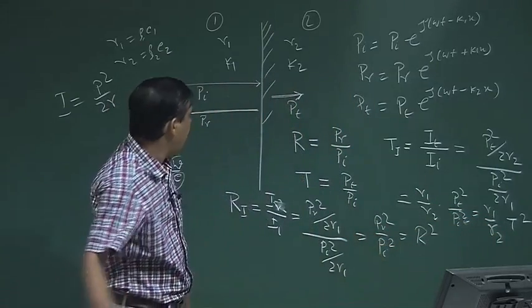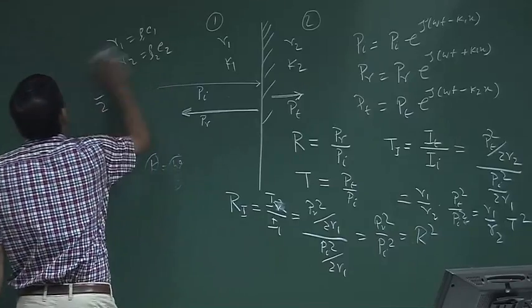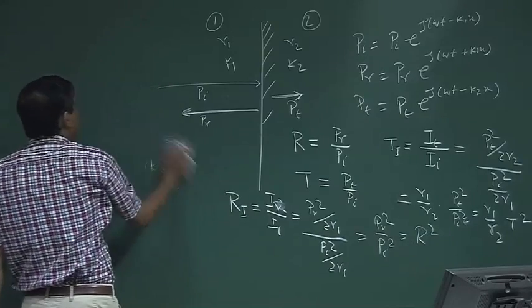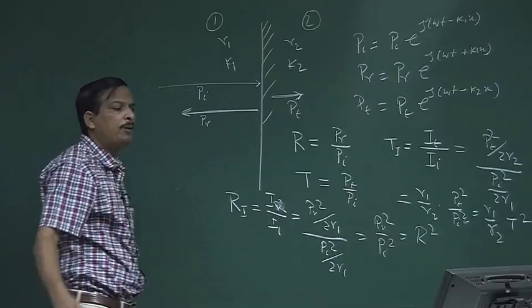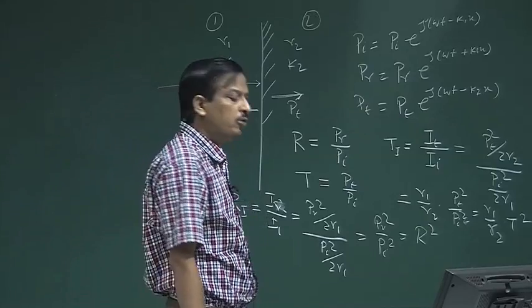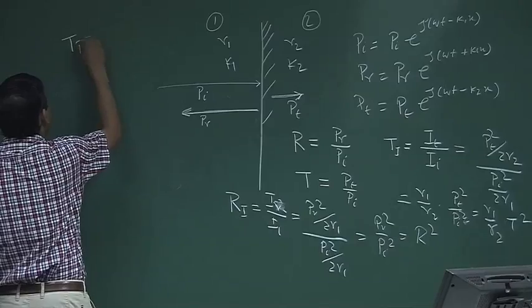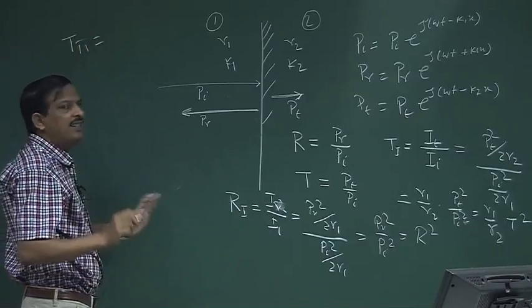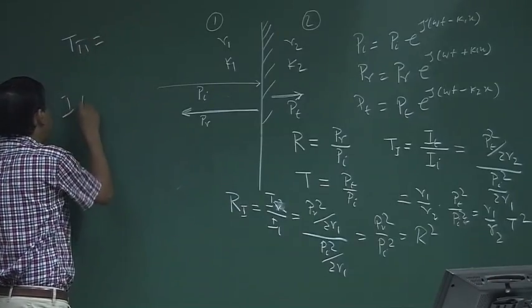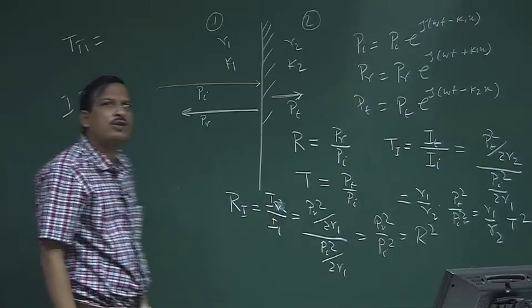Similarly, if I want to find the transmitted power coefficient and reflected power coefficient: power is intensity multiplied by cross-sectional area.